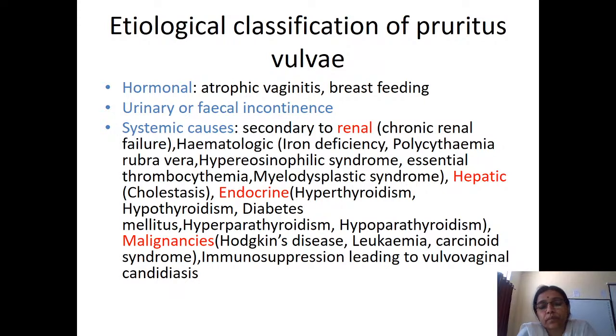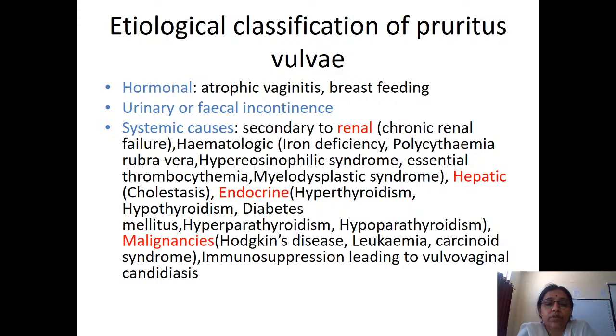And a few of the endocrine conditions like hyperthyroidism or hypothyroidism or even diabetes mellitus or even parathyroid conditions can also cause this pruritus vulvae. And a few of the malignant conditions like Hodgkin's disease, leukemias, carcinoid syndromes, and immunosuppressive conditions.